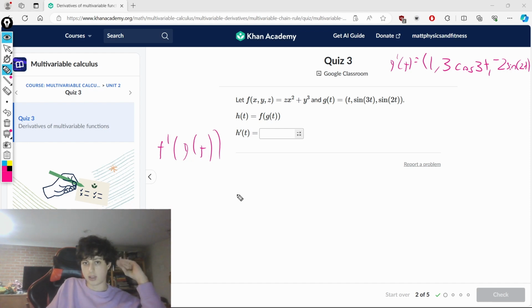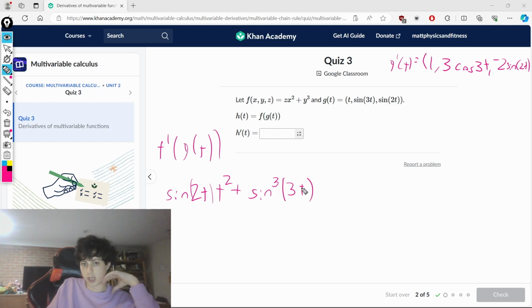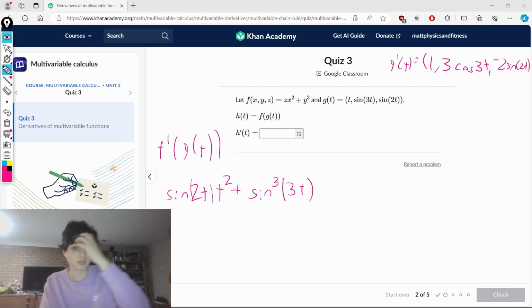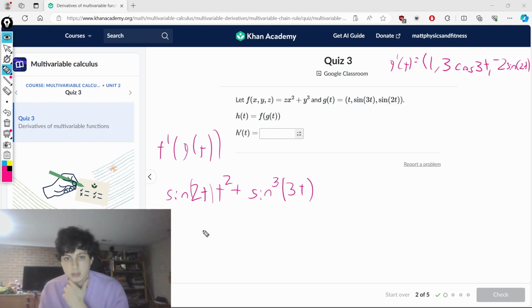We have z, sine 2t, times x squared, t squared, plus y cubed, sine cubed of 3t, because y is just sine 3t. That's the whole function. And now we take the derivative of this, the partial derivative, just the derivative. Ooh, I don't know.